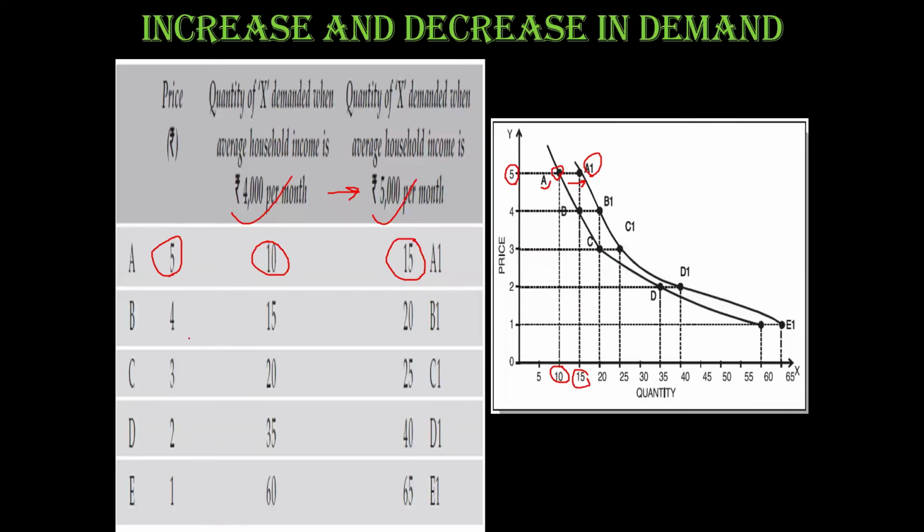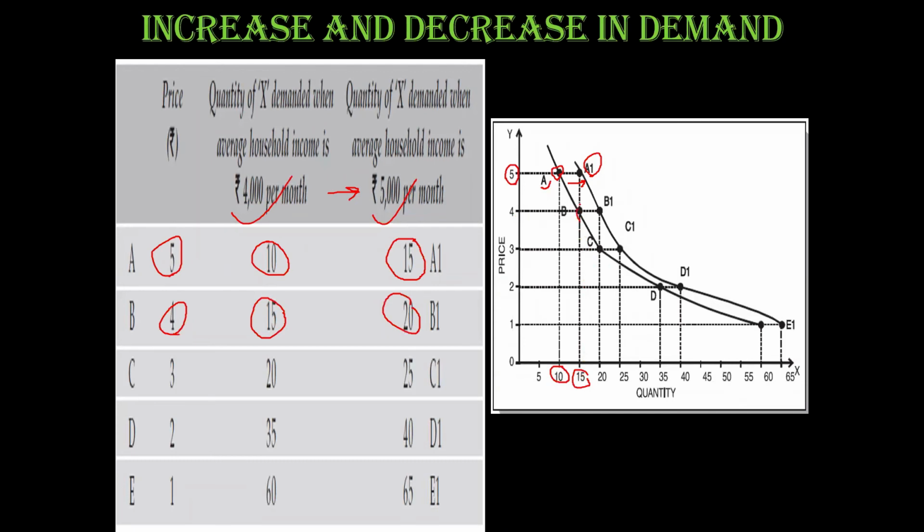Now let us assume at the price of 4 rupees, when our income was 4,000, demand was 15. But at the same price of 4 rupees, our income increased to 5,000 rupees. The demand became 20. Now again you can see the point here at the price of 4, demand was 15.